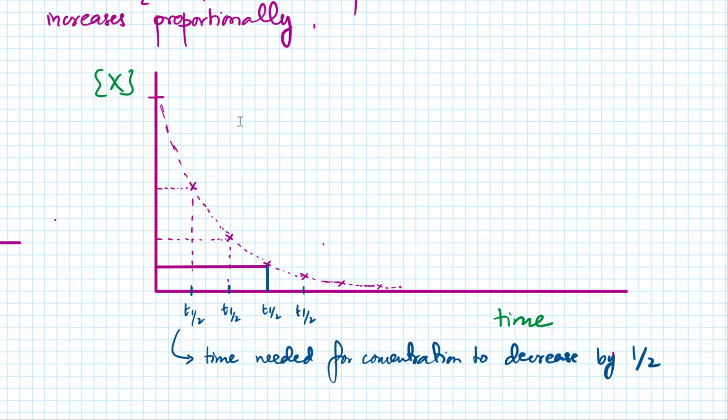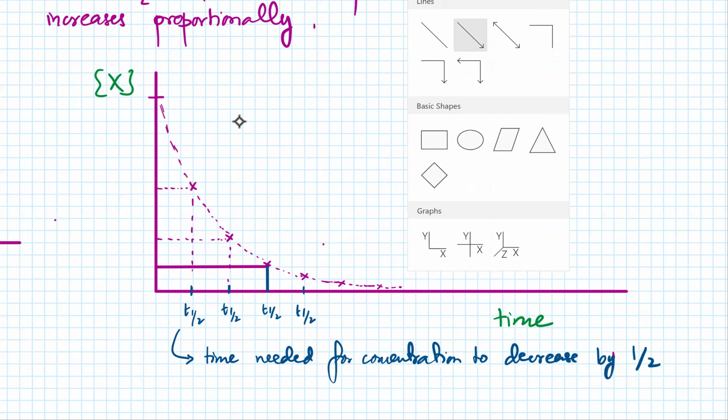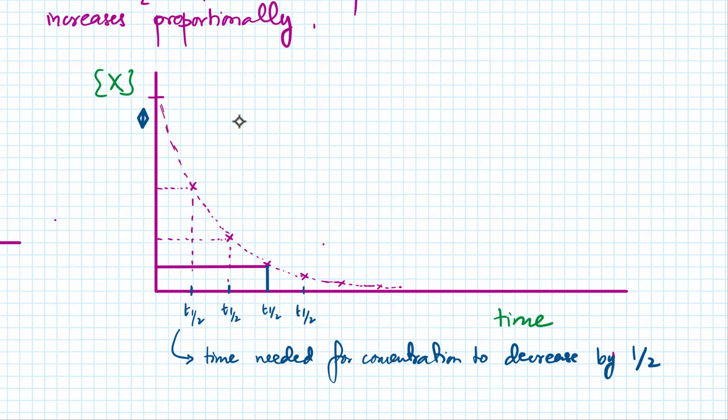It took this much time for the concentration to decrease by half from this point to this point over here. So that was the concentration of X decreasing by half. The next time the concentration decreases by half, that's this tiny bit over here. And then you reach this point. Then the concentration decreases by another half. So that's this third half-life. Then the concentration decreases by another half.